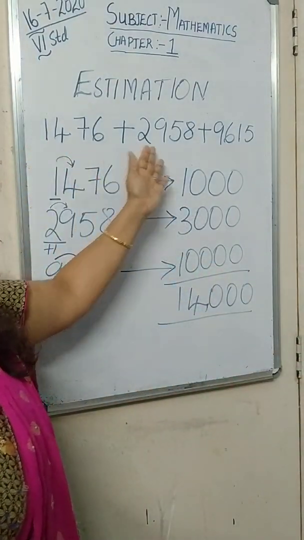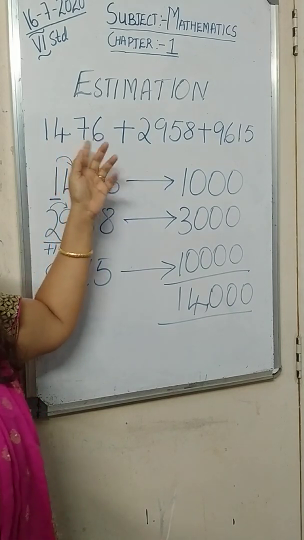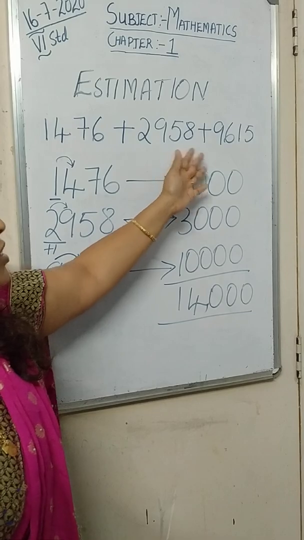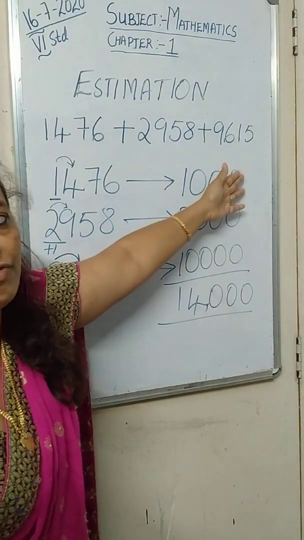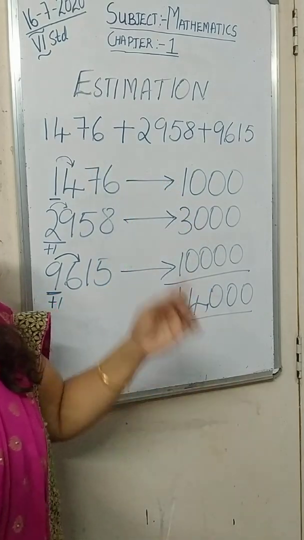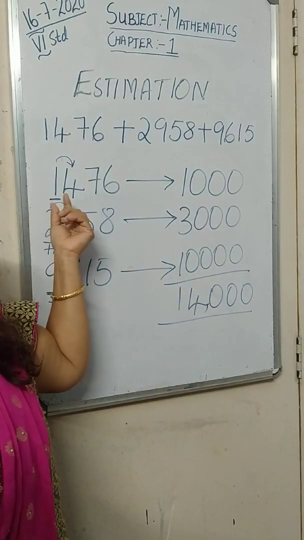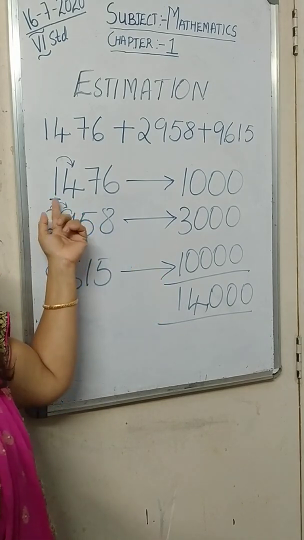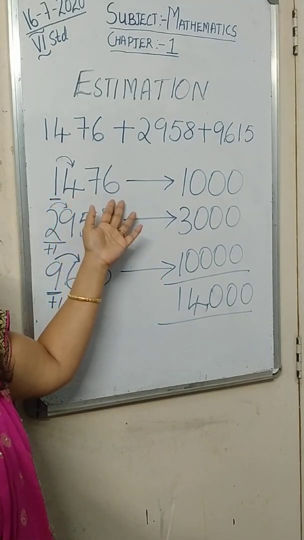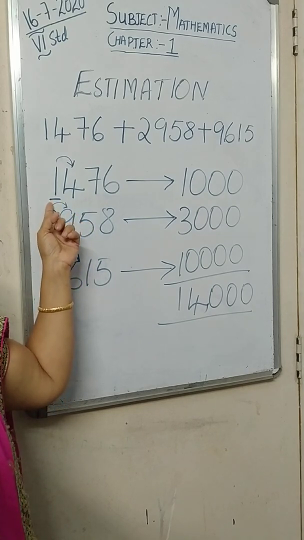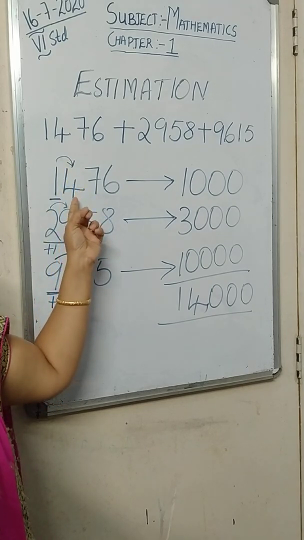Now here I have an example: 1476 plus 2958 plus 9650. Let us see how to estimate it to the highest place value and then solve it. Yes, the first number, 1476. Here the greatest place value is 1 and we look at the next digit, that is 4.